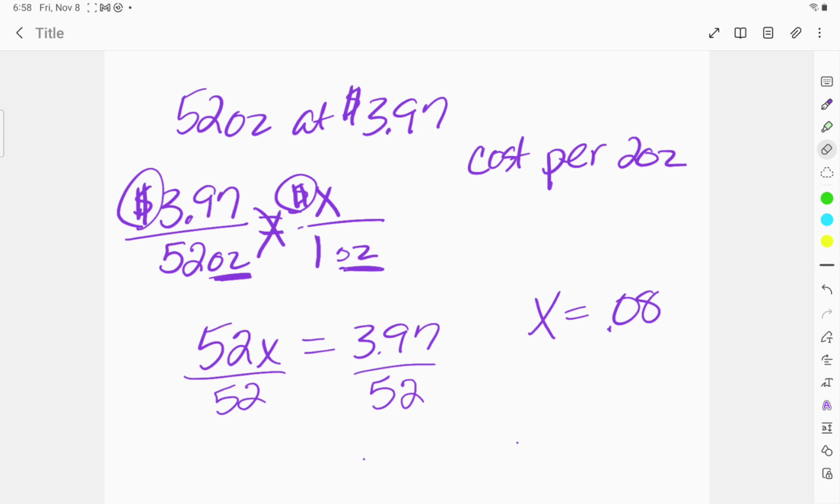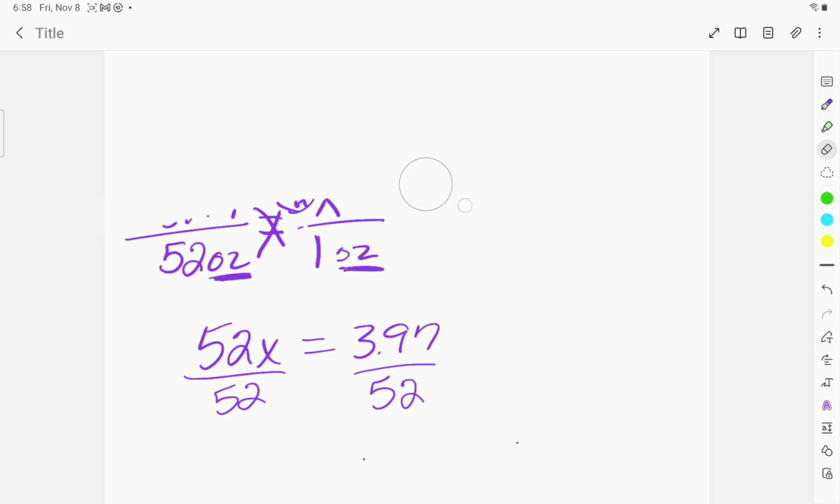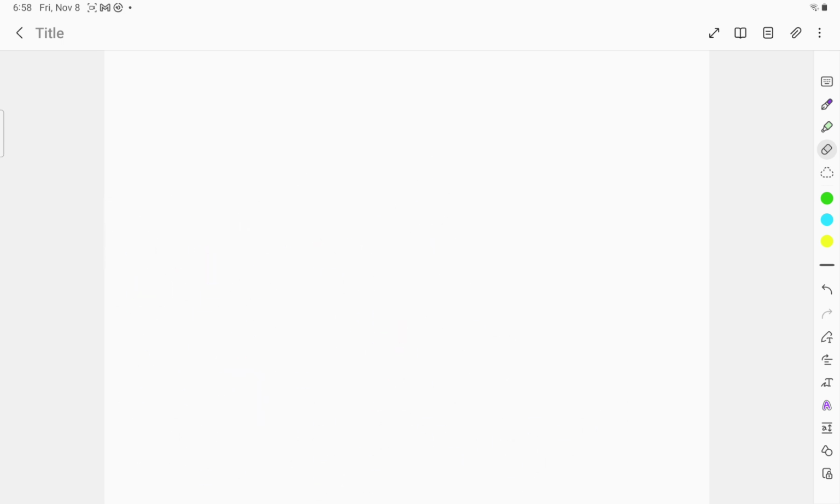All right, so then the next page is the checkup, and I'm just going to go over what we did at the beginning of the book. On page 17, the first thing says, write these ratios as fractions in lowest terms. Do not change to mixed numbers. You're just going to write them as fractions.